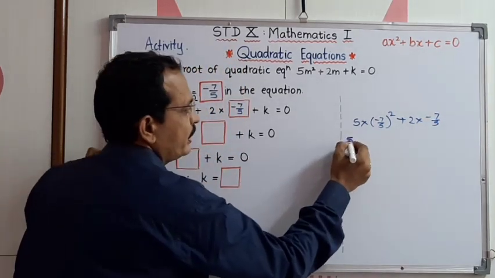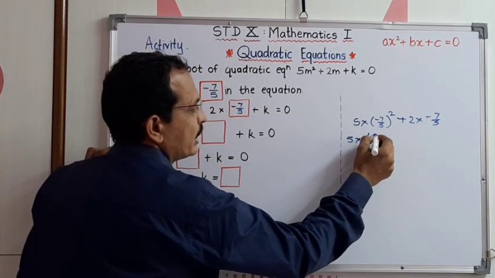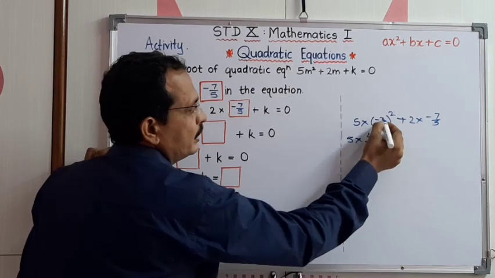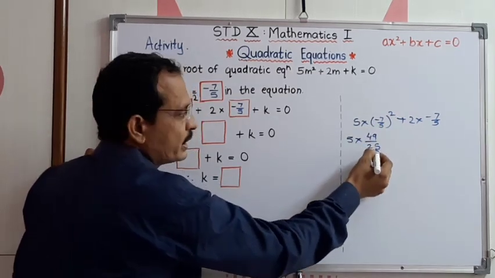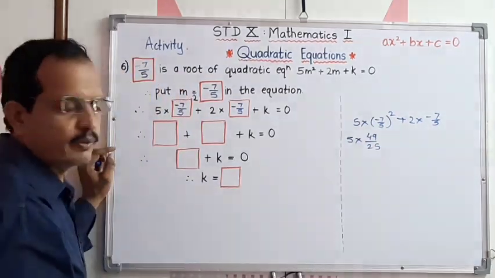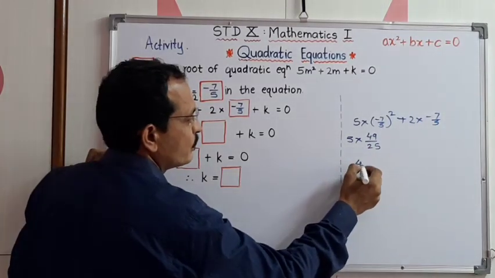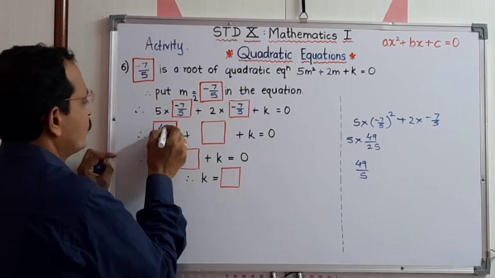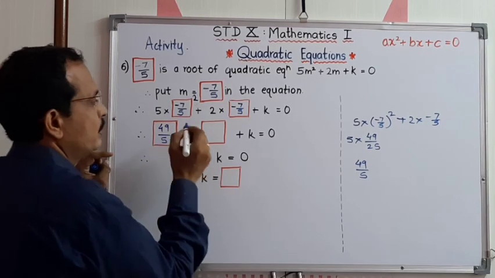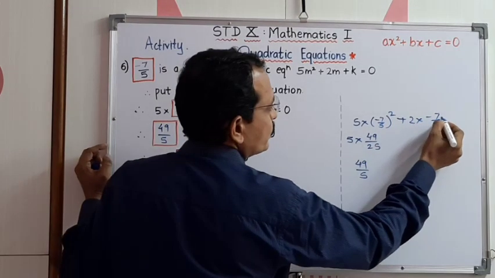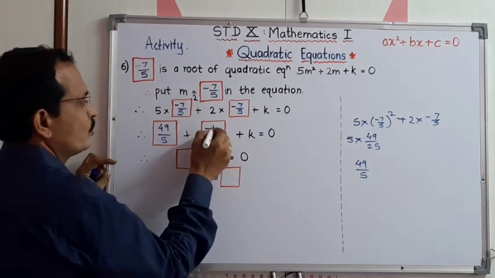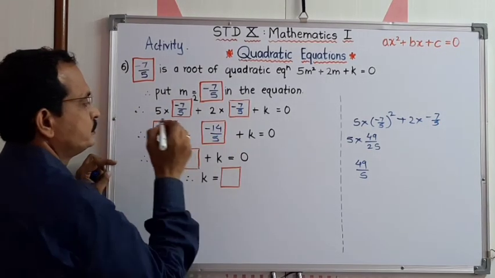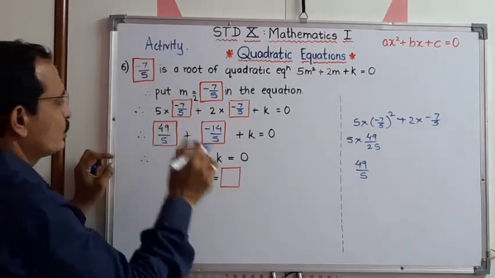Now see, 5 into 49 upon 25. Square of minus 7 is 49 and square of 5 is 25. Therefore it is 49 upon 5. This we can write 49 upon 5 plus, here 7 into 2, it is minus 14 upon 5, and this we have to solve.